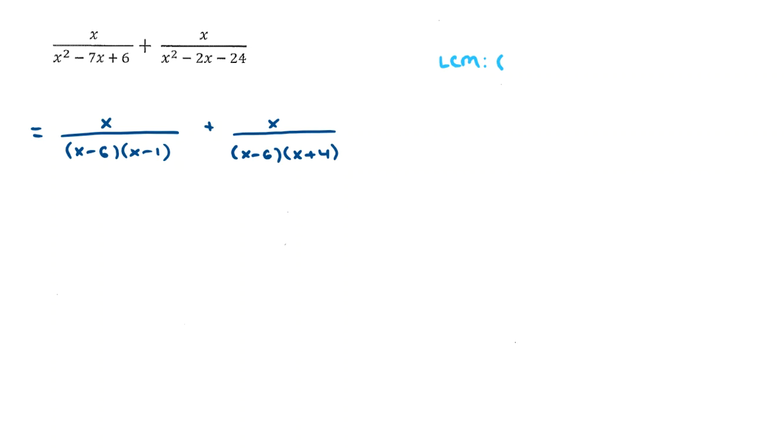We're going to need to include that as part of the LCM. We're also going to need to include the factor of x minus 1. So with the LCM as it is, the first rational expression's denominator would indeed divide that product. But if you look at the second rational expression's denominator, x minus 6 times x plus 4, looks like we need to add one more additional factor in here, and that would be the factor of x plus 4.